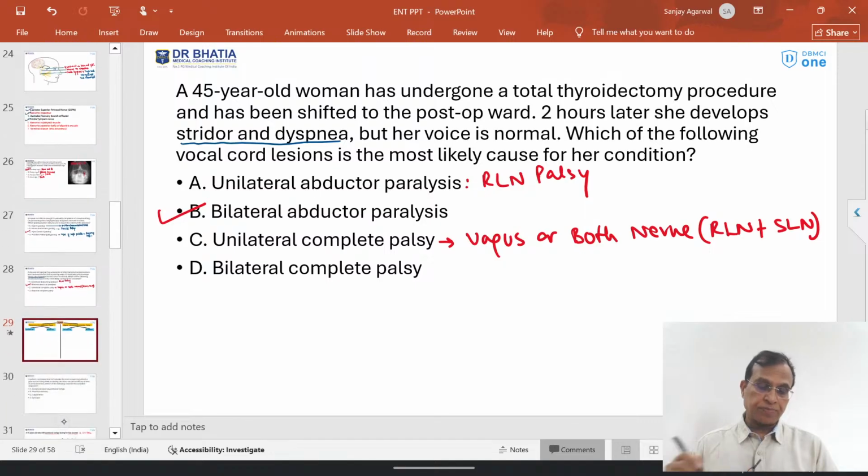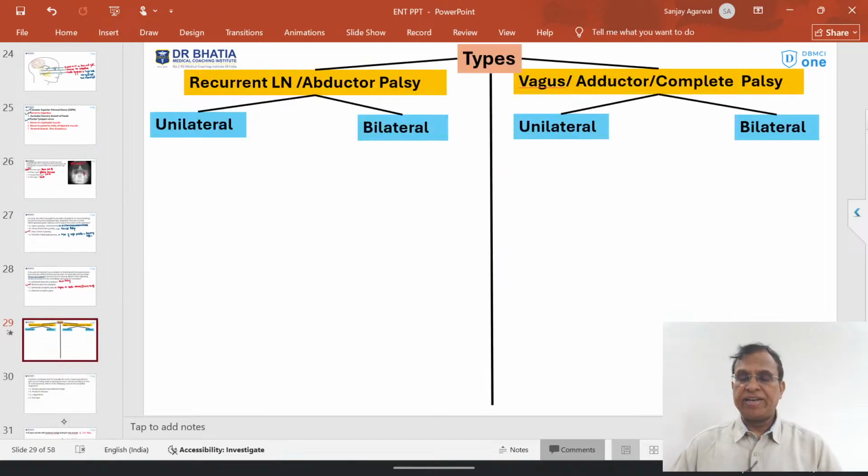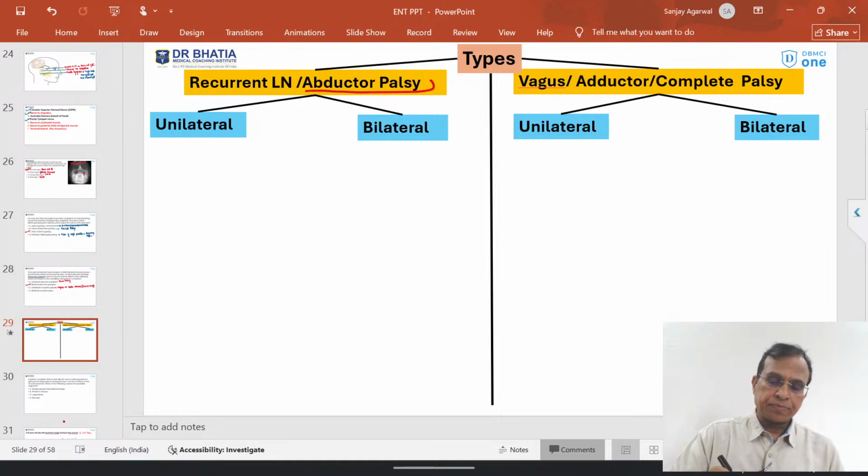Okay, now see, broadly I will divide vocal cord palsy into abductor palsy, which I told you is due to recurrent nerve palsy.